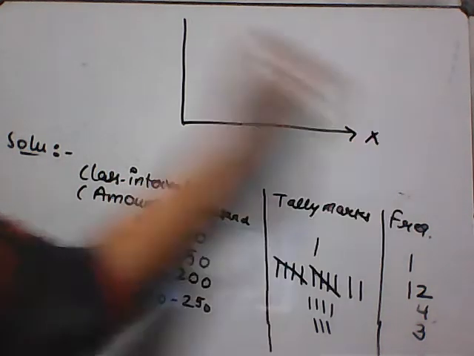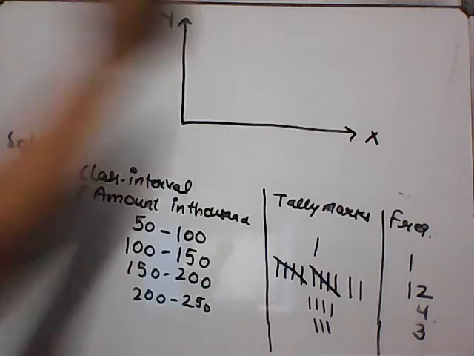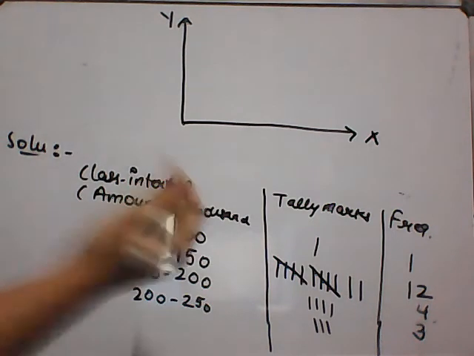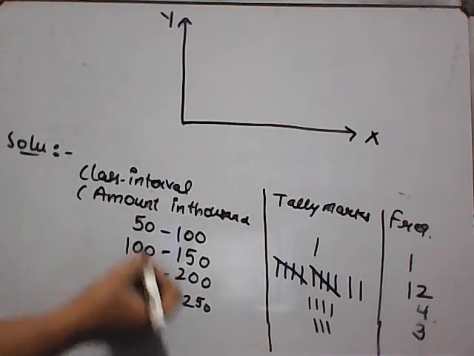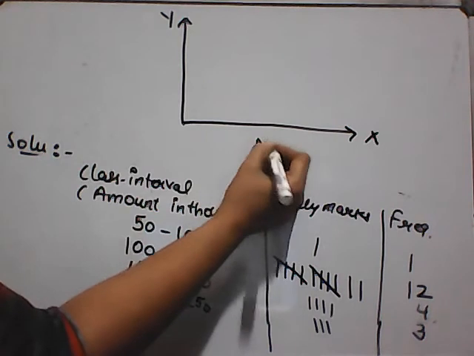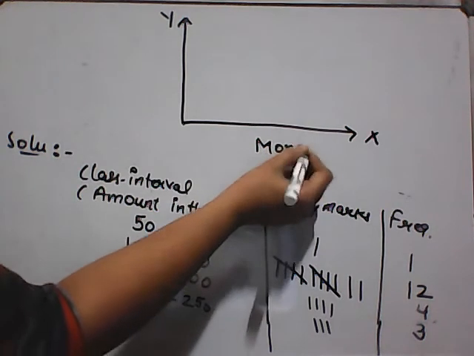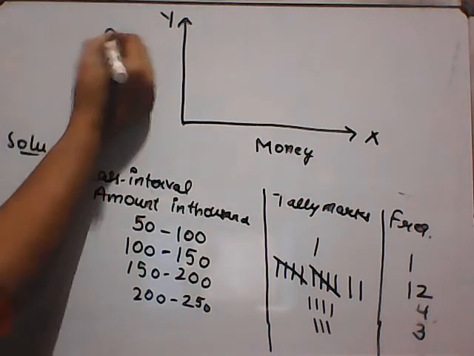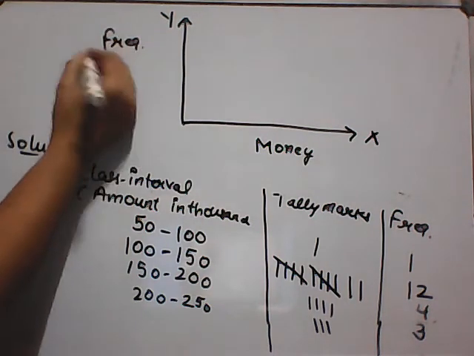This is the x-axis and this is the y-axis. On the x-axis we take class intervals. The class interval is in terms of money, so we can write money here. And on the y-axis we take frequency, or you can say number of people.